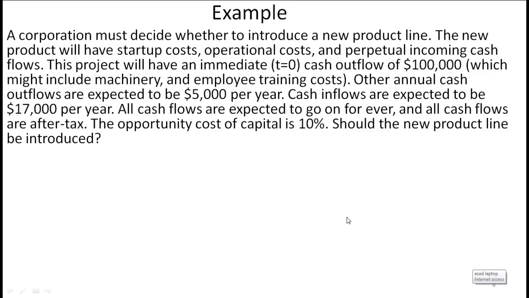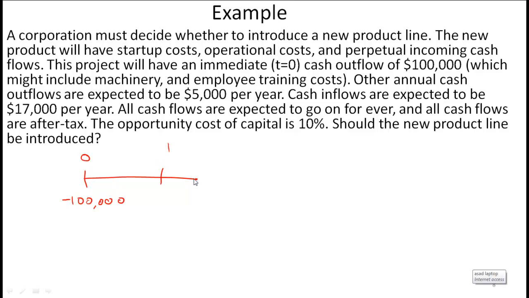Okay, so let's work on a small example. A corporation must decide whether to introduce a new product line. The startup cost for this project is 100,000. So at time 0, the cost is minus 100,000. And what will happen after this?